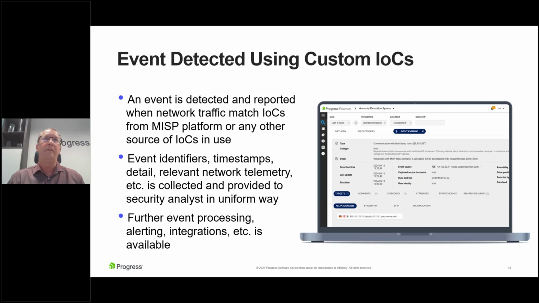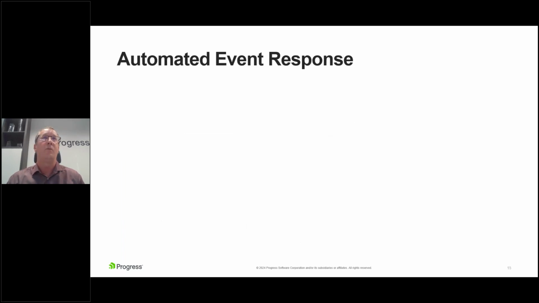When you detect an event with these custom IOCs, it's reported as any other standard Flowmon event. So it has all the details, references, the network telemetry, as we have seen, and it can be further processed for alerting, integrations, packet capture. You can send that event to SIEM system in the same way as you are used to with all the other events detected by Flowmon ADS.